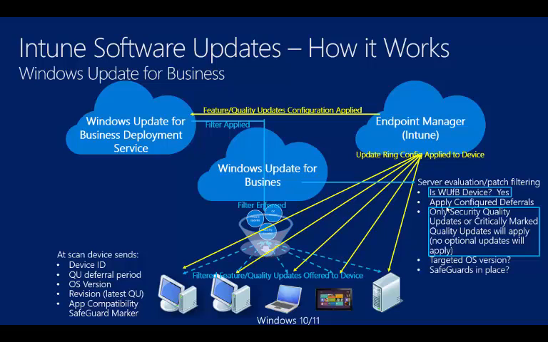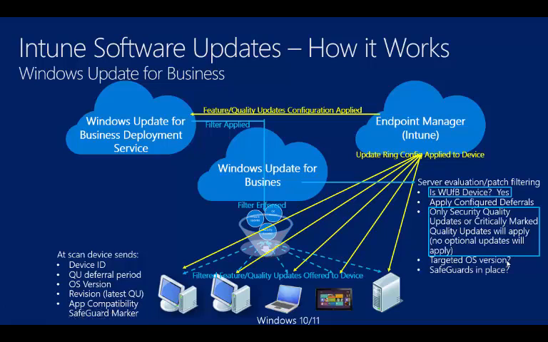Are we only delivering quality updates or critical updates? Are we delaying delivering an update because there's a safeguard hold in place? We'll talk about that in just a minute. What is the targeted OS version? Is it Windows 11? Is it Windows 10?